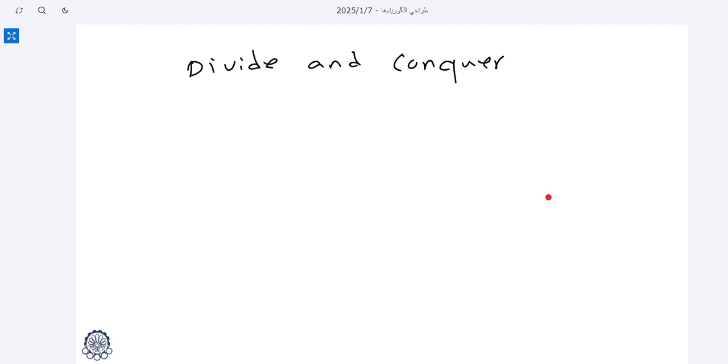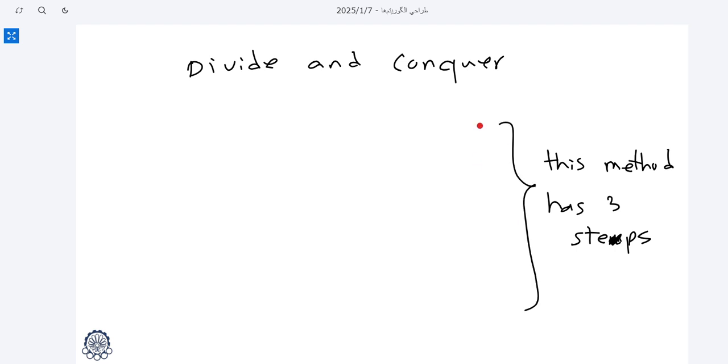So we have three steps in this method. The first step is dividing the problem into smaller subproblems.